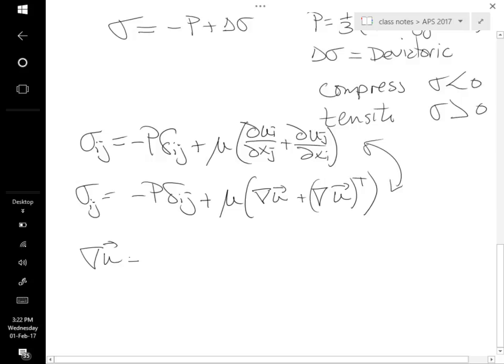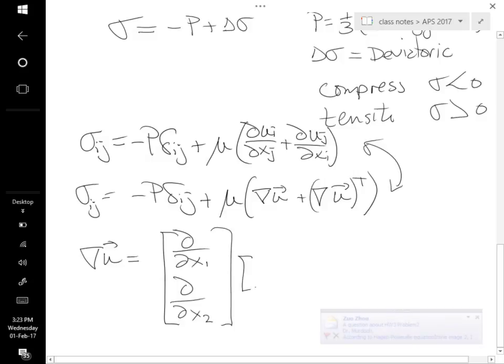So that's going to be this nabla operator, which we'll write like this. I'm going to write it just in 2D because I think that's going to be sufficient for you to see how this works. So there's one, and U2.